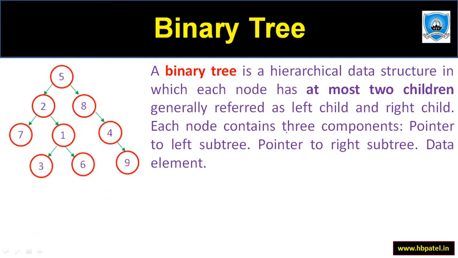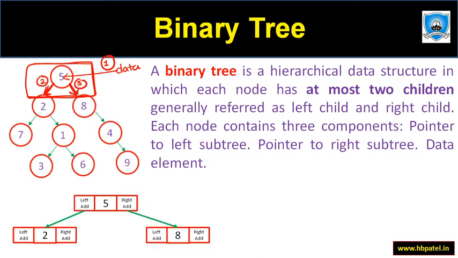Each node contains 3 components. If you carefully look at any node, for example this particular node, I have one component as data, meaning I will be putting 5, 10, 20, 30, whatever, but that's the data part. Second is the pointer to the left subtree, and third is the pointer to the right subtree. So now there are 3 members, 1, 2 and 3. Let us look into detail.